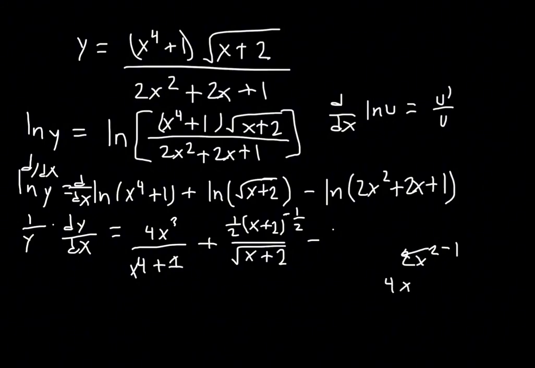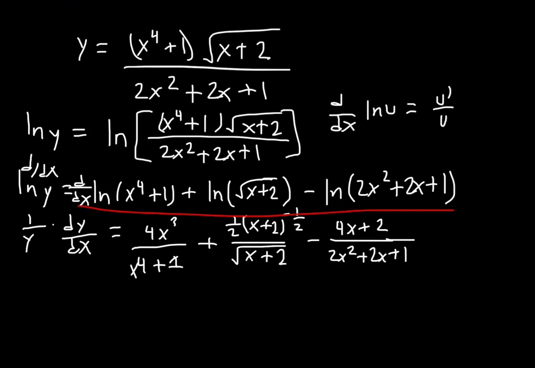It's just 4x plus the derivative of 2x, which is just 2, and the derivative of 1 is 0. And on the bottom, it's the same, 2x squared plus 2x plus 1. That's the derivative of this whole thing.